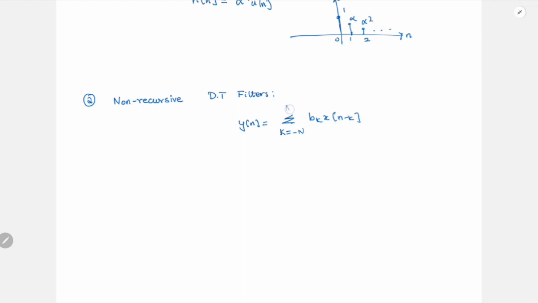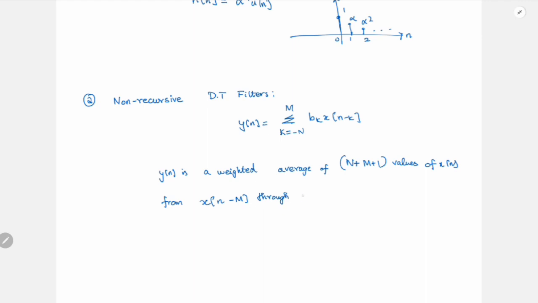So your y of n is a weighted average of 2m plus 1 values of x, from x of n minus m through x of n plus m, correct? And what are the weights? It is given by b_k.